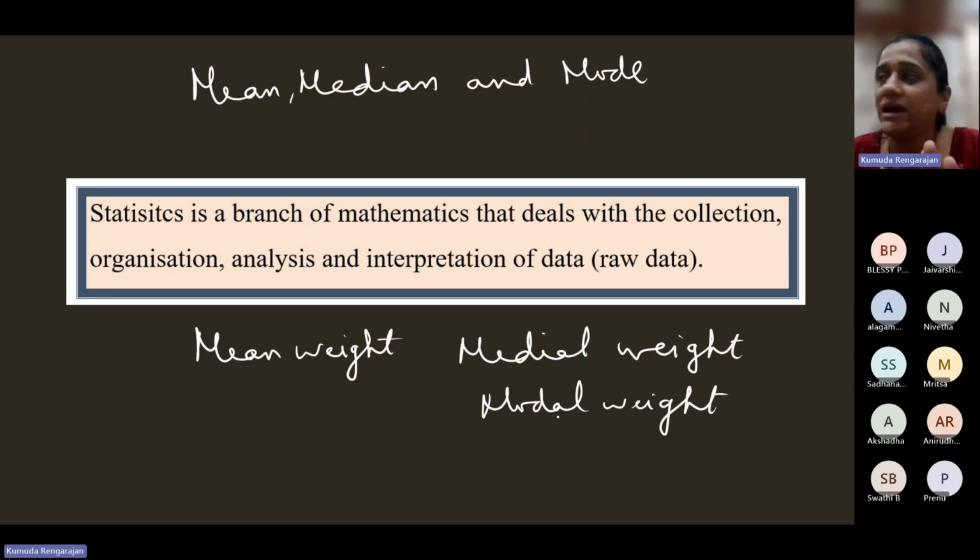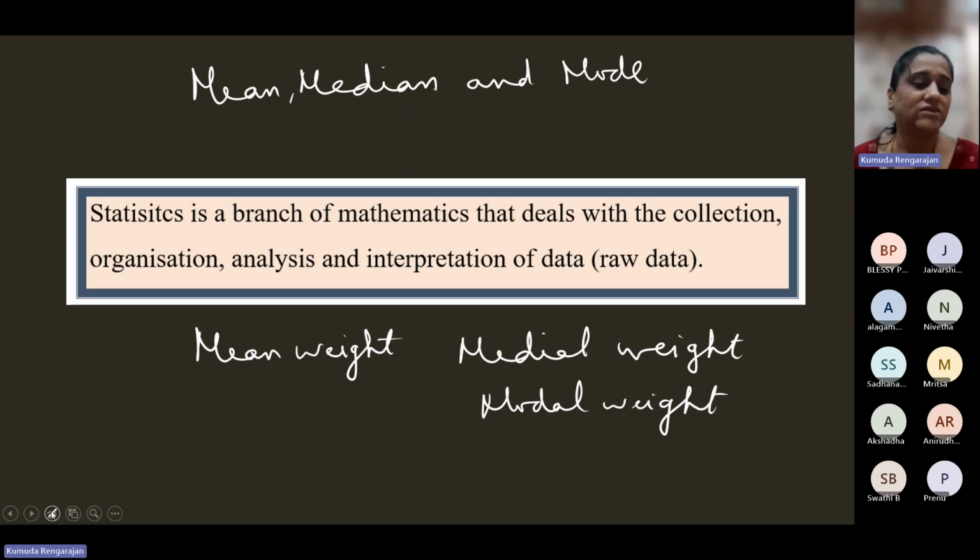So if the statistician had collected data regarding the weights of 100 students, then he can find the mean weight using the formula to find mean, or the median weight using the formula to find the median, or the modal weight using the formula to find mode. Using these values, he will interpret the data, that is, come to conclusions.